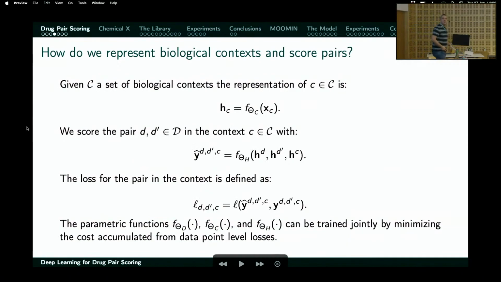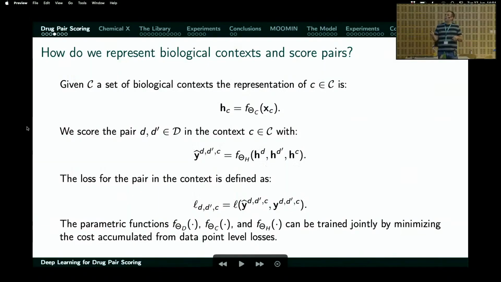Cool. So how do we represent the biological context? It's very simple. Most of the time you have a set of biological contexts. This can be your set of cancer cell lines, for example, and for each of them, you have a feature vector that describes properties of that context. For example, you can have a list of genes that are mutated in that specific cancer cell line that gives you a binary vector, and that's your input.